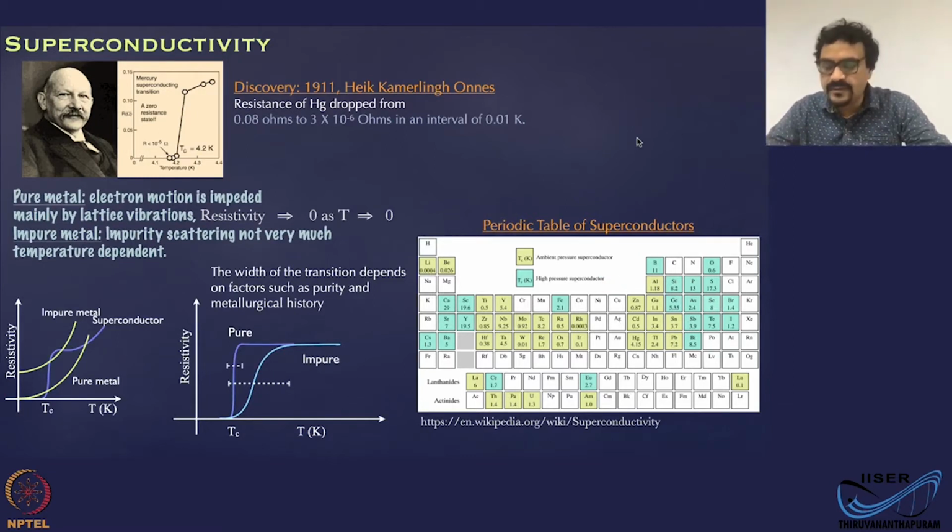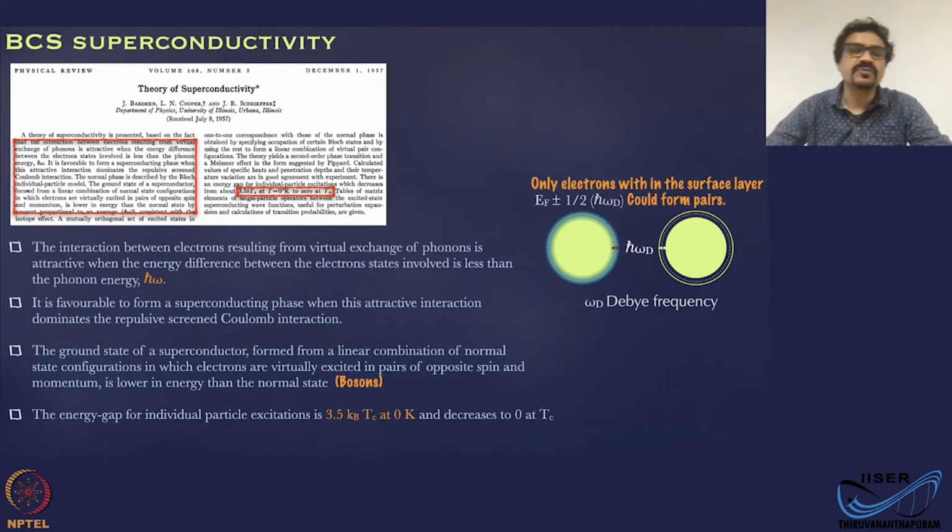So, just to review the theory of superconductivity, the theory was proposed by Bardeen, Cooper, and Schrieffer. And the main point here is there is an attractive interaction between the conduction electrons, which is mediated by the lattice or mediated by the phonon.